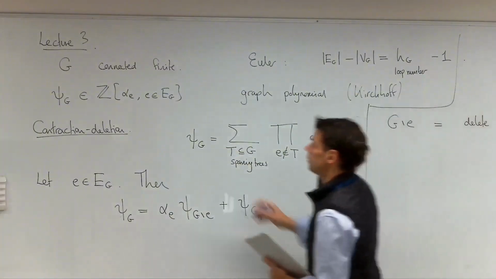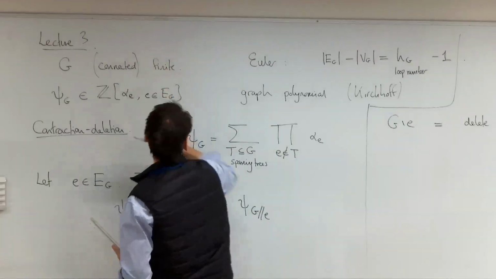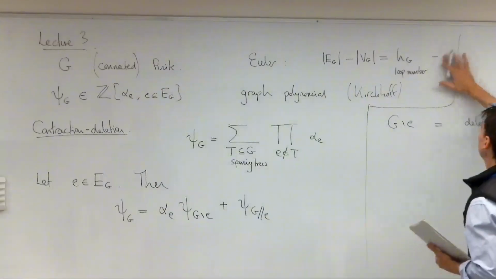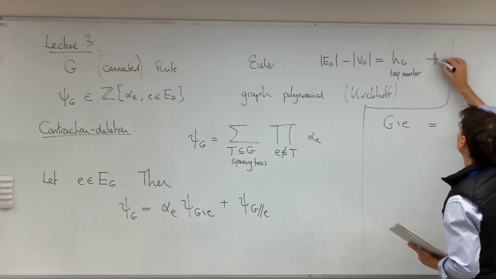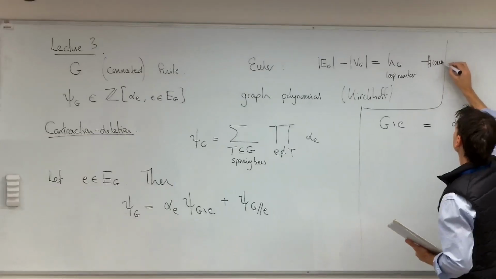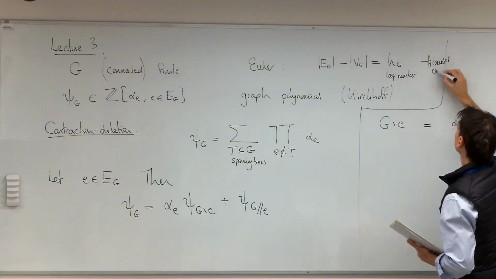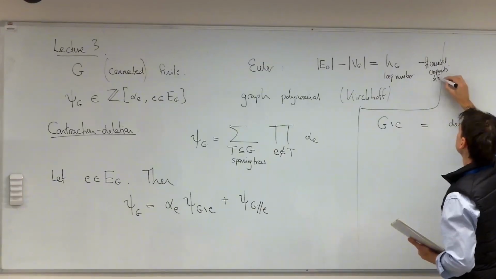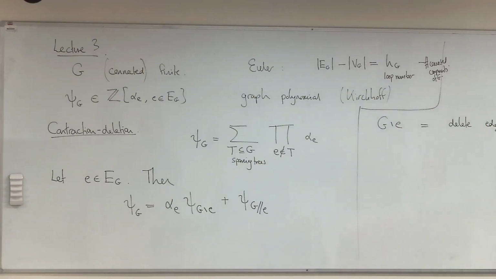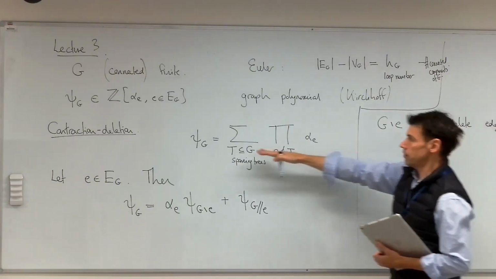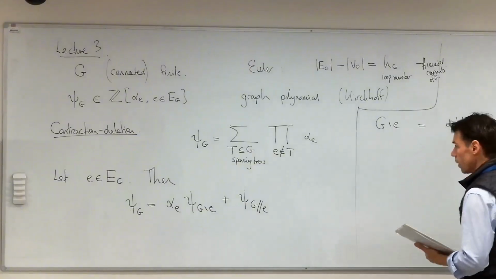So actually, I don't need this assumption. In general, this will be the number of connected components. But these things are not interesting for not connected graphs.